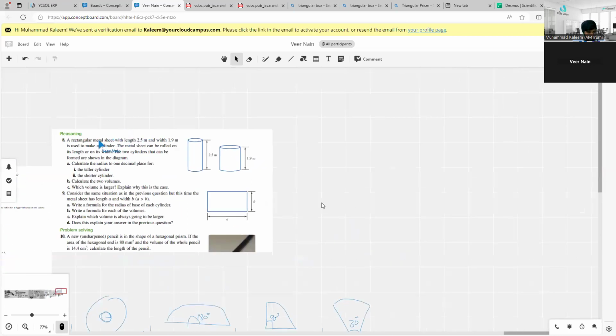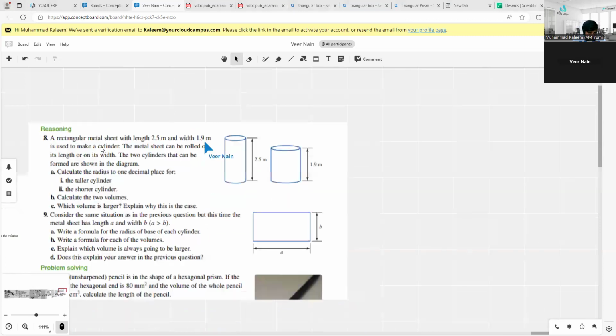A rectangular metal sheet with length 2.5. I understand the question, but I didn't understand how you can find the 1.9 meters part, because I don't know how to find it after it's rolled.